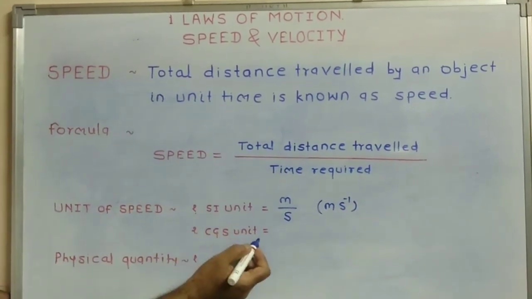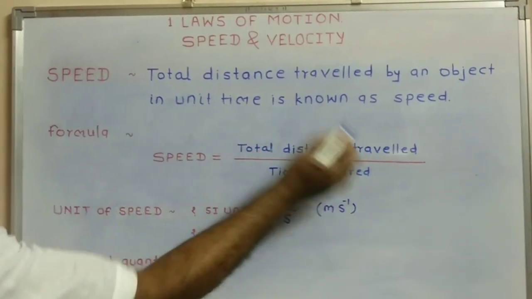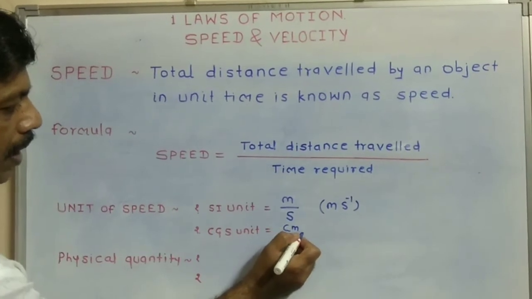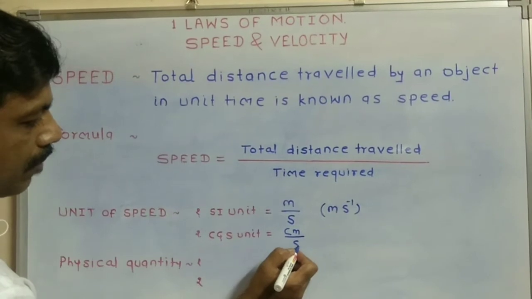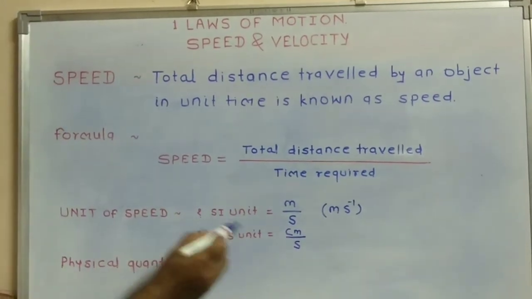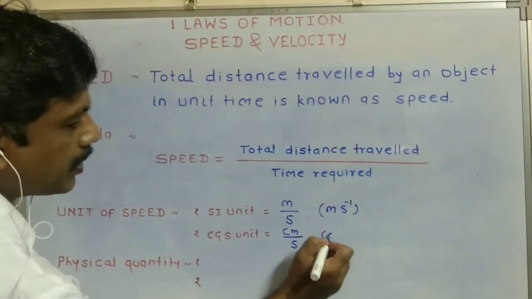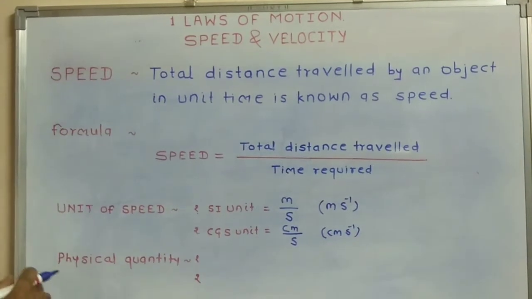Now, we will learn regarding the CGS unit. In terms of CGS unit, total distance traveled by an object is measured in terms of centimeter, and time required is measured in terms of second. Therefore, what will be the CGS unit of speed? Centimeter per second. It can be written as cm/s.